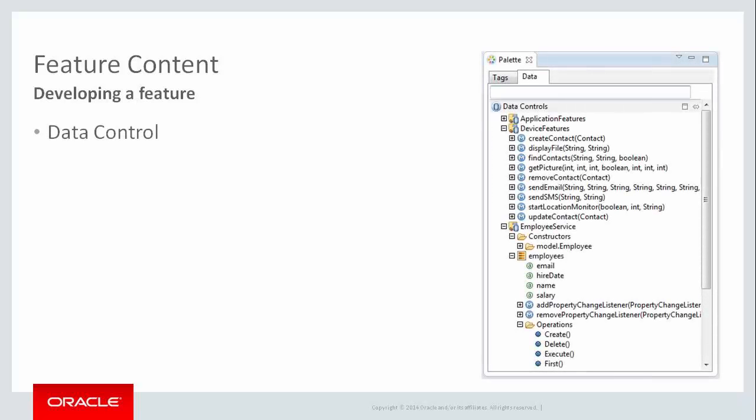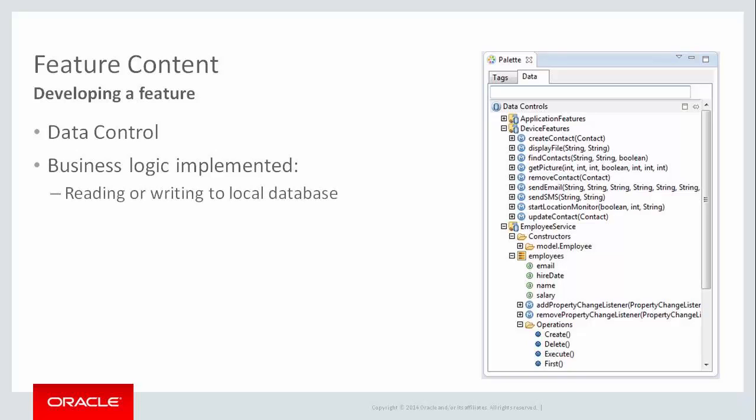Another building block you'll see in the demo is something you will learn about later in this series called a data control. When building a mobile application, the actual business logic that implements your business process could be implemented in any number of technologies. You could be reading or writing data to the local SQLite database, or you could be accessing information from a REST or SOAP service, or you could implement using a local POJO.